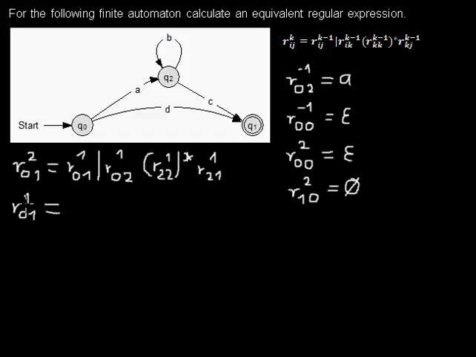So if I want to figure out what this is, the formula says I'm going from... one possibility is this one, and the other possibility is that I move from 0 to 1, where I'm allowed to do any loop.